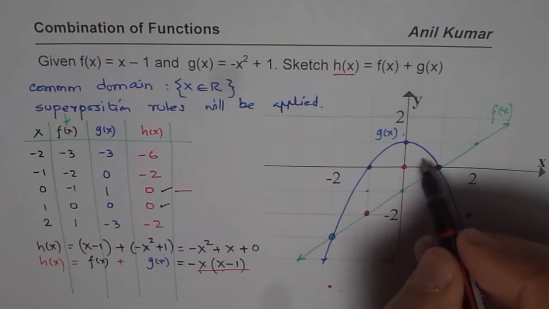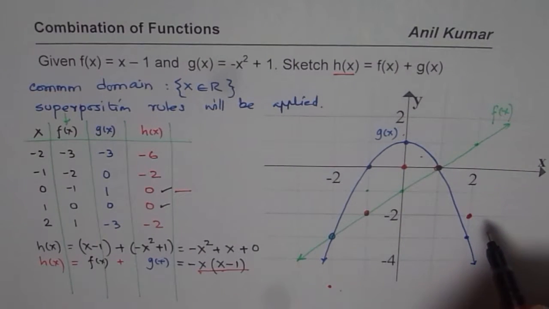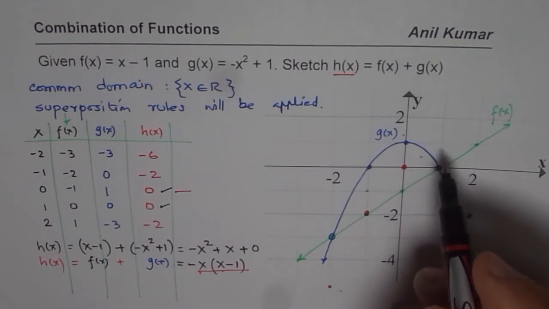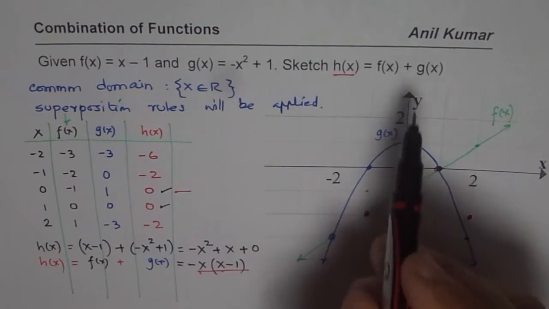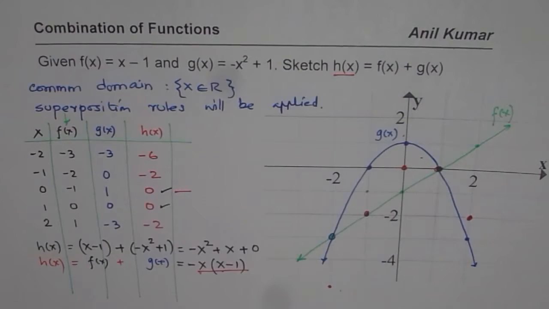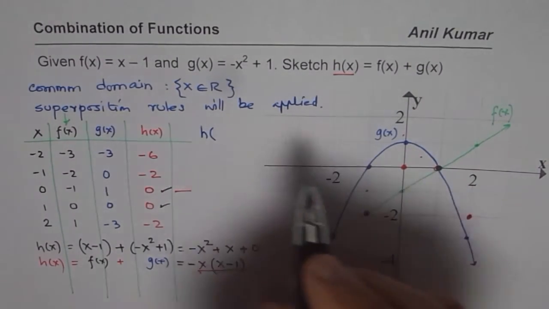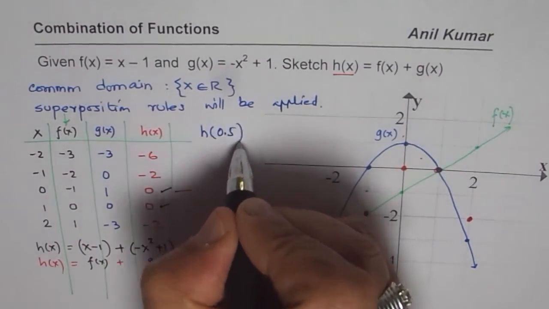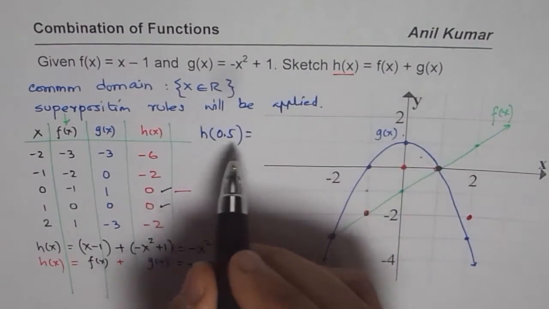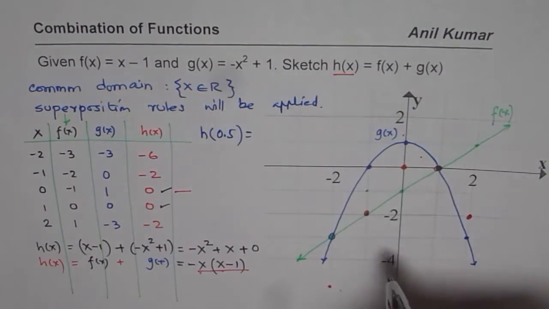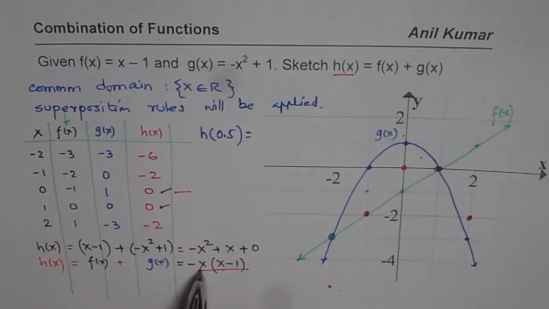We have not really calculated the center value, but as a special case, what you can do is substitute. Let me write down here. You can find the value at the center, which is 0.5. If you substitute 0.5, use your calculator, and you can calculate this value, correct? So basically, we'll substitute in this equation.